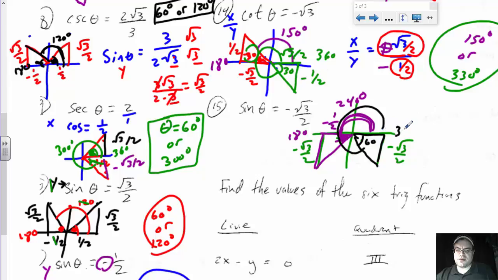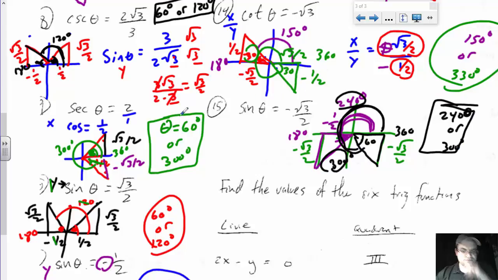So if I say 360 minus 60, this angle right here will be 300. So your two answers are 240 degrees, this one right here, and the other one is 300 degrees. Oops, that's 240 degrees, by the way. Okay, so there you go.